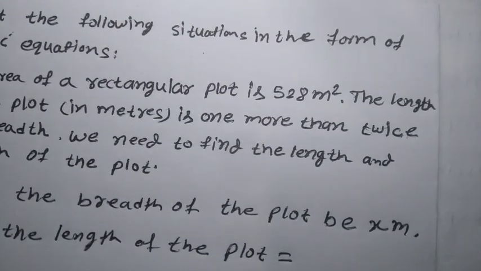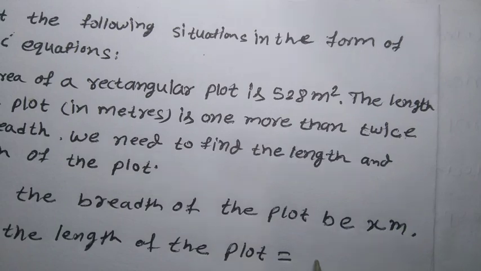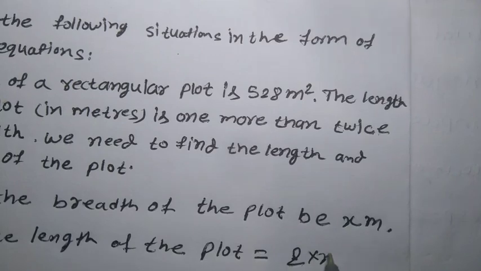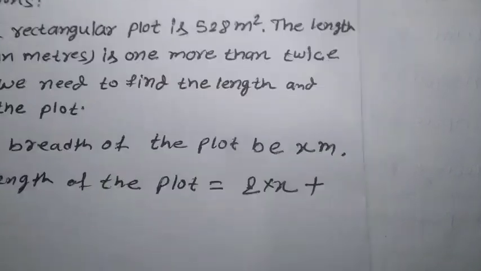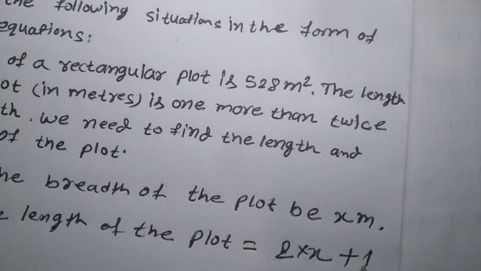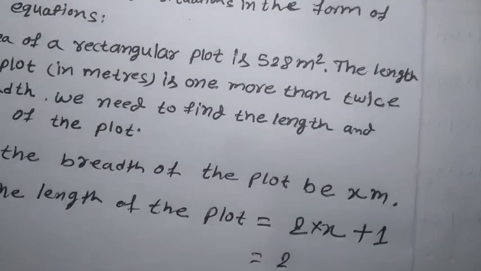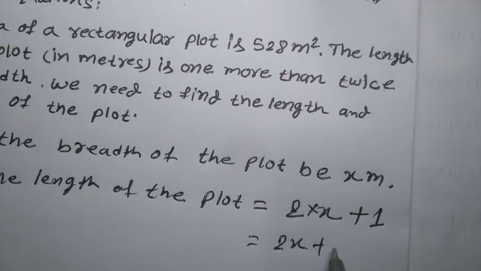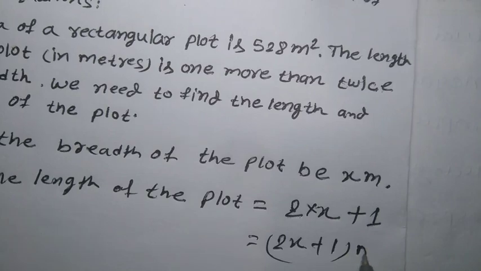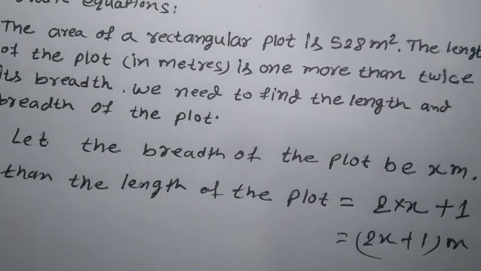Twice the breadth means 2 into x, one more than means that we have to add 1, that is 2x plus 1 meter.